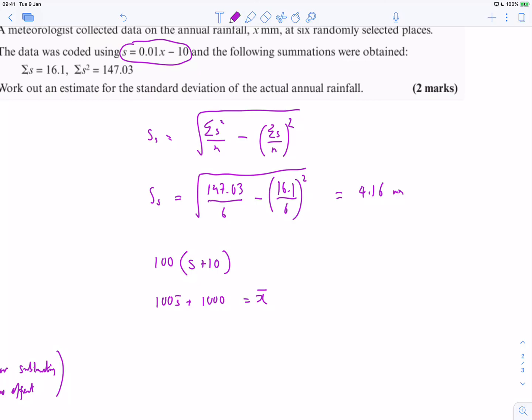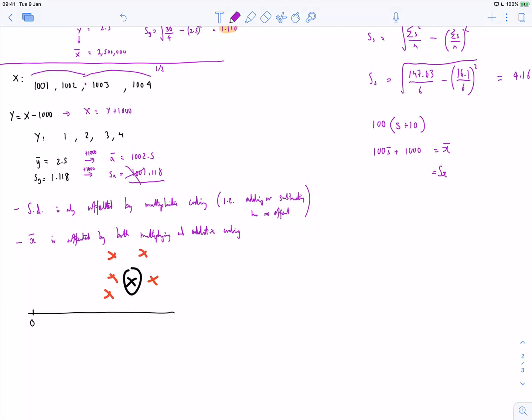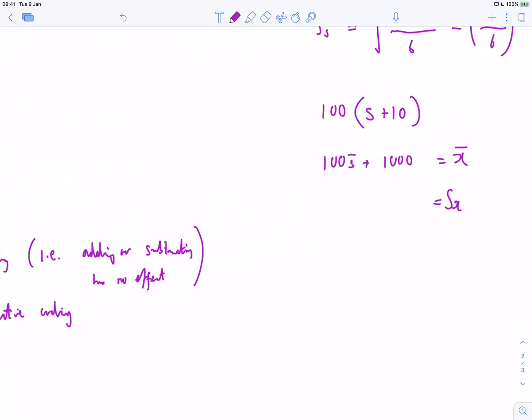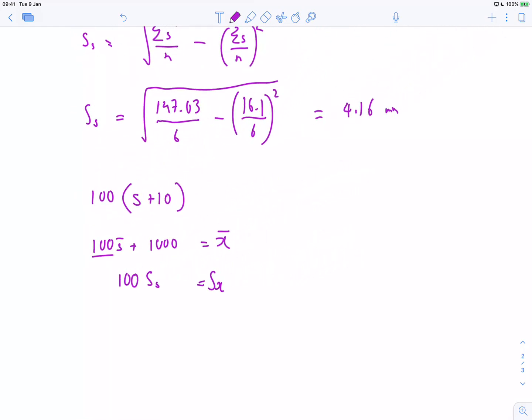That would be totally legit. But to find the standard deviation of X, remember, addition and subtraction doesn't actually change it. It's the multiplying. So all I have to do is times this number by 10, and the standard deviation of X appears to be 41.6 millimeters.